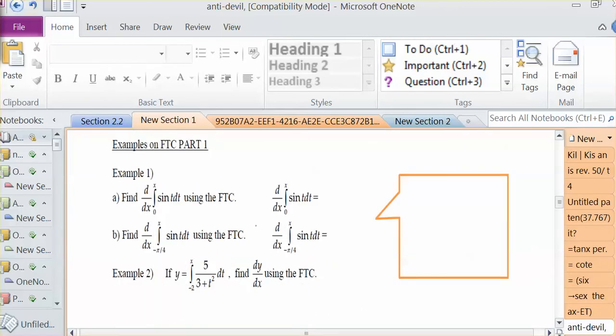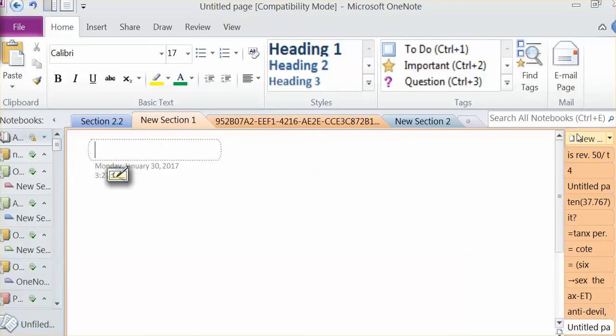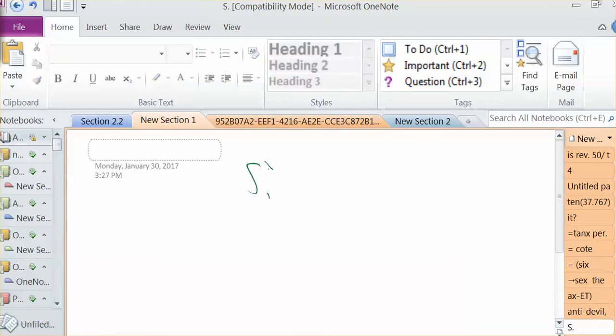Okay, if we move on to the next page, we'll talk about some examples. Before I do example 1, let's consider this definite integral. Let's take the antiderivative, which hopefully you know is t cubed over 3 plus c.